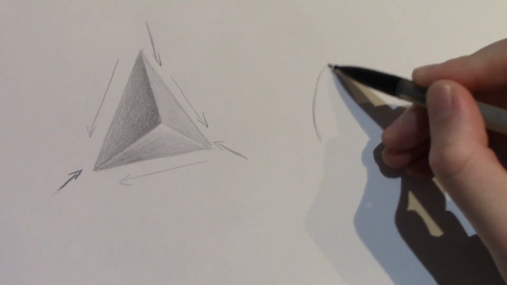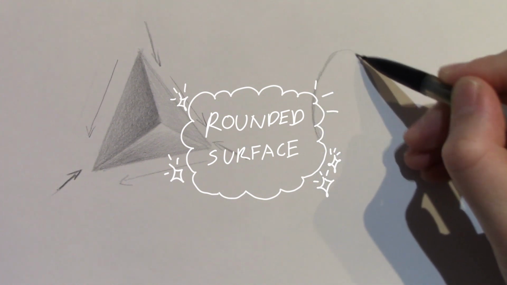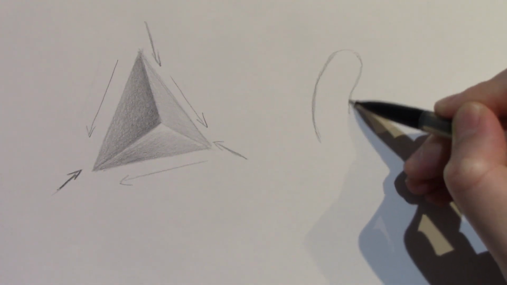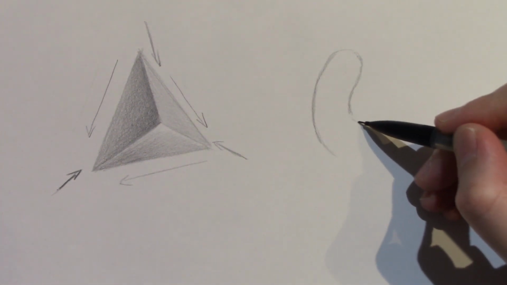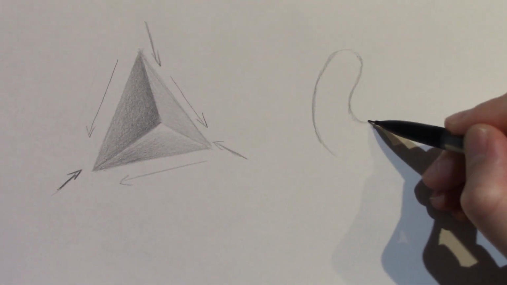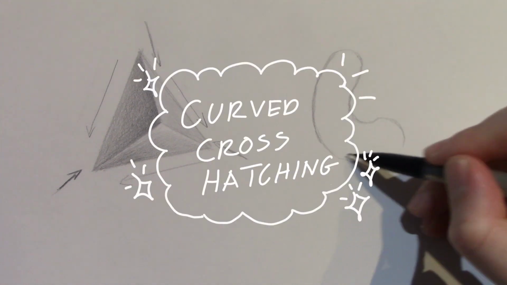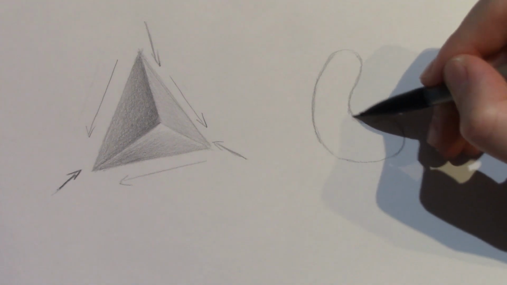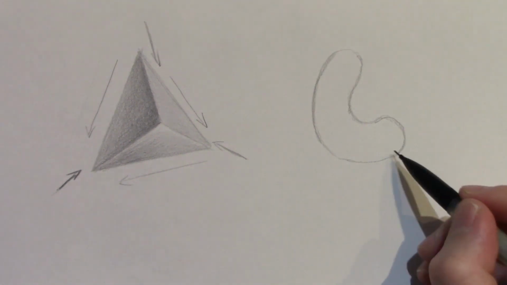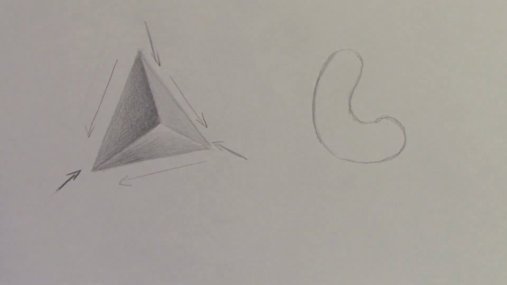Okay, next what we have here is some organic curved shapes. So we're gonna draw a jelly bean, okay? So basically this funny looking jelly bean over here is the perfect shape to practice curved cross hatching, since it bends oddly in different directions.